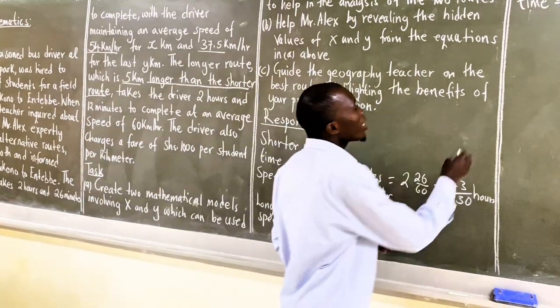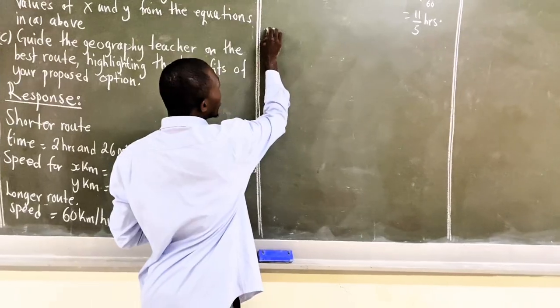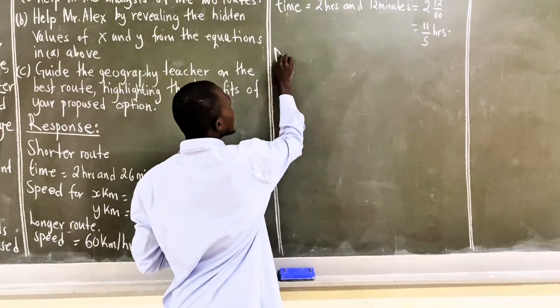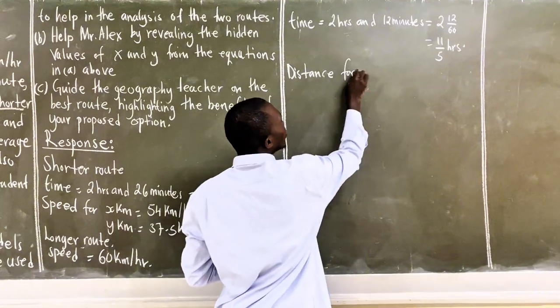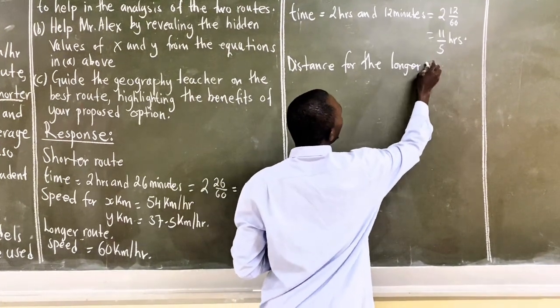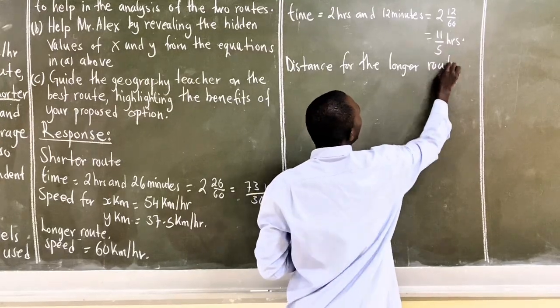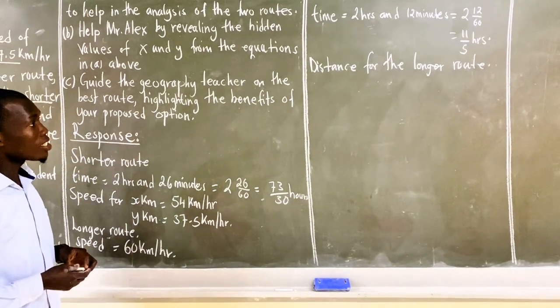So if we do that, it means we shall now get the total distance for the longer route. How are we going to get the distance for the longer route?